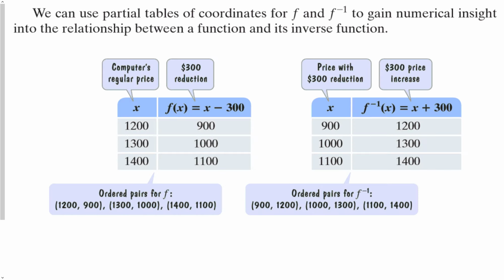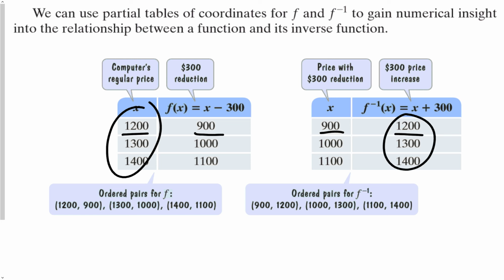Okay, so let's look at this with numbers. We can use partial tables of coordinates for f and f inverse to gain numerical insight into the relationship between a function and its inverse function. When we look at these two, we can see that inputs that go into my original function go down by 300, and inputs that go into my inverse function go up by 300. Hopefully you notice that this column is the same as this column, and this column is the same as this column.